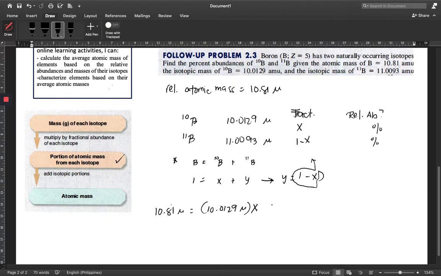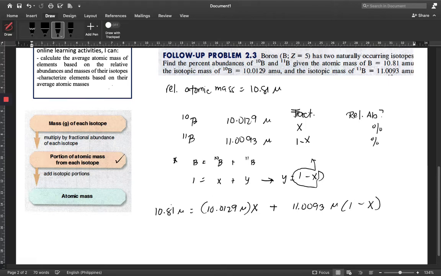And then for boron 11, we add their contributions. For boron 11, this is 11.0093 amu times 1 minus x.